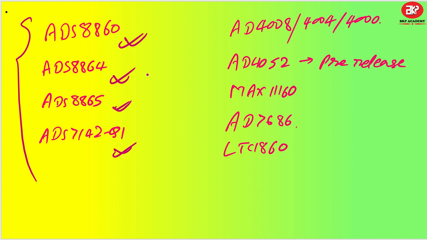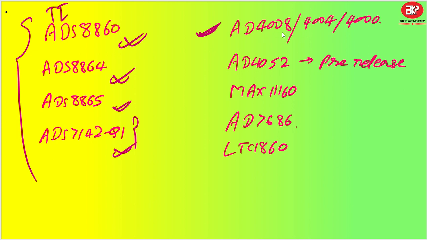We have ADS7142-Q1, which was for automotive applications. We have very good ICs from Analog Devices also, while these were all from Texas Instruments. One of the best ICs from Analog Devices that I have recently utilized in our schematic is AD4008. This is a 16-bit ADC.